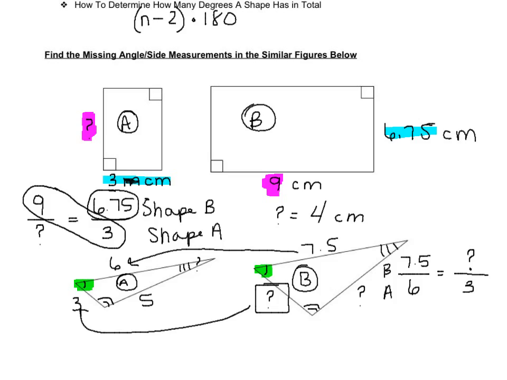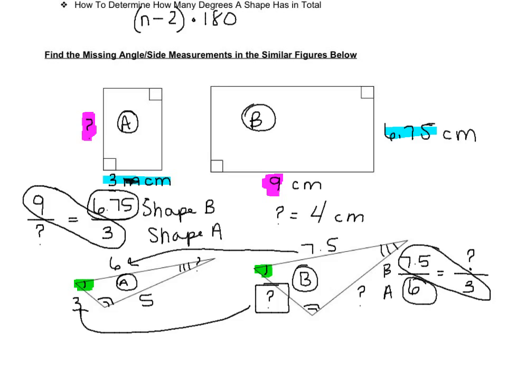In your proportion, you can only have one unknown value or one question mark, or you won't be able to solve it. So here we multiply the two numbers across from each other, and we divide by the number that is left over.